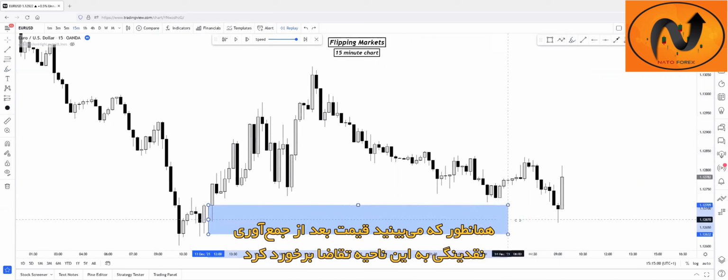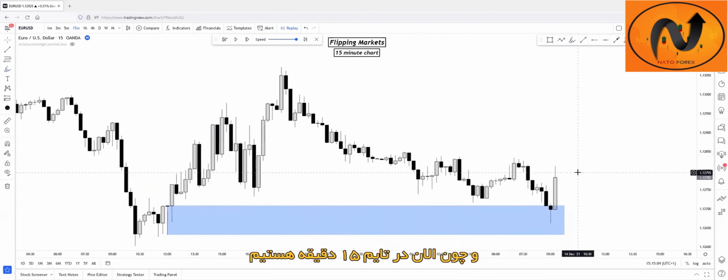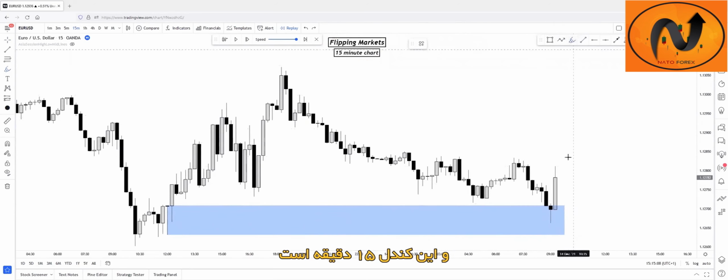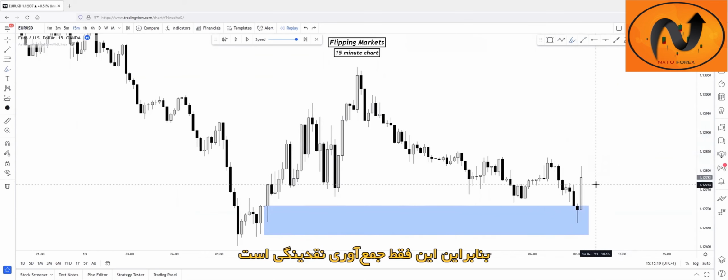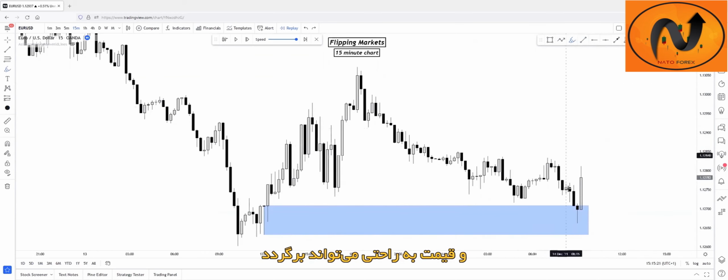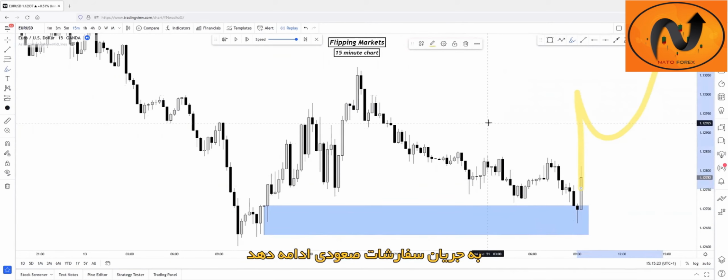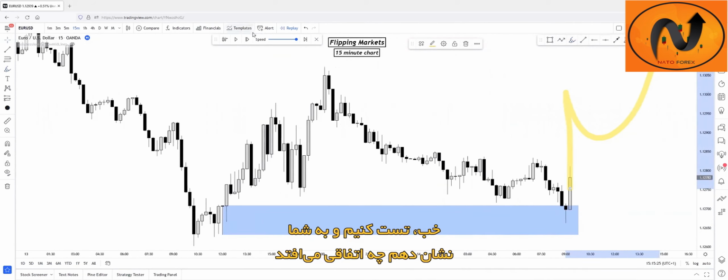So as you can see, price tapped into this demand zone with a liquidity sweep because we are on the 15-minute chart currently, and this is a 15-minute candle right here, and it looks like this: a really small body with a huge wick to the downside. So this means this was only a liquidity sweep, and after this, price can easily reverse and continue the bullish order flow.